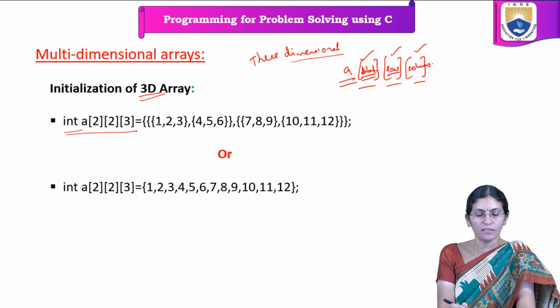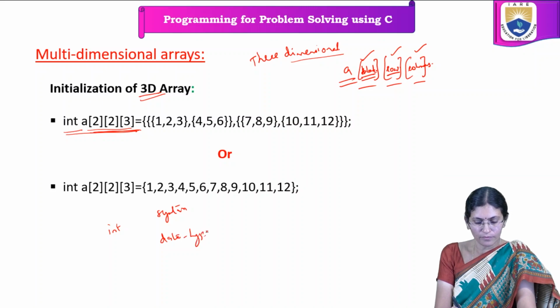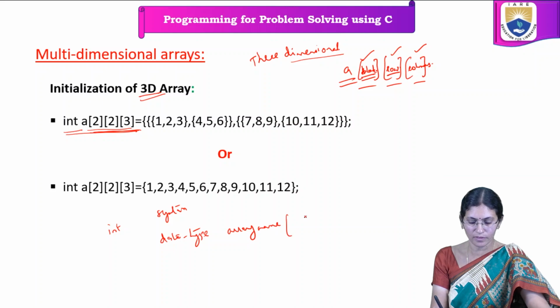The syntax for declaring a three-dimensional array is also the same, but here the number of subscripts will increase. So the declaration syntax is data type, then array name, then this is the block size, this is the row size, and this one is the column size.